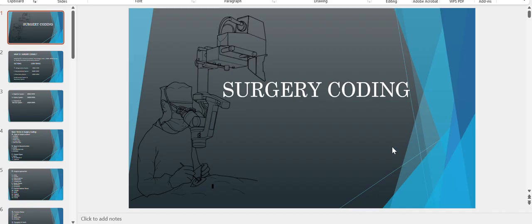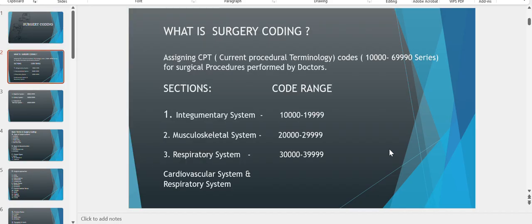In surgery coding, we assign the CPT codes, the Current Procedural Terminology codes, from the 10,000 series to the 60,000 series for surgical procedures performed by a doctor. There are six different sections in surgery coding, each with its code range.